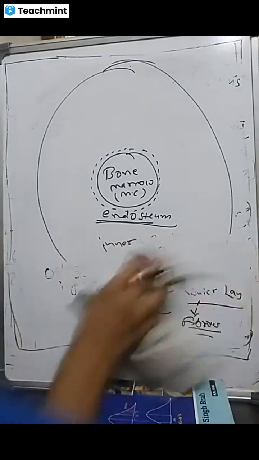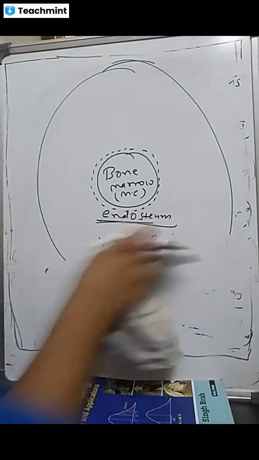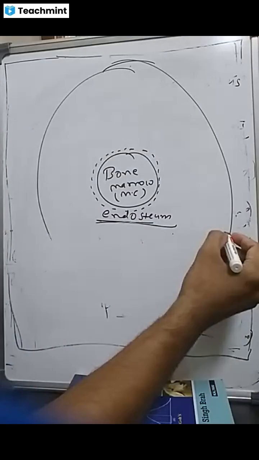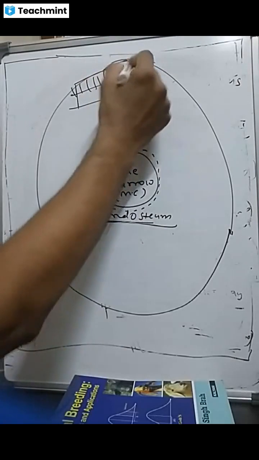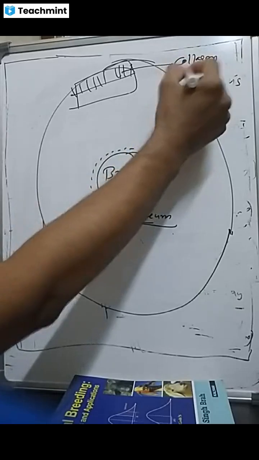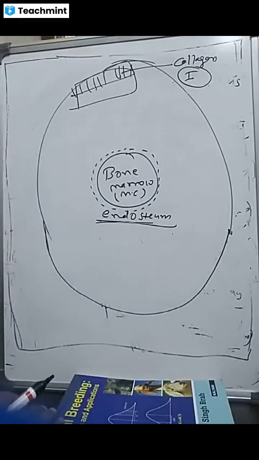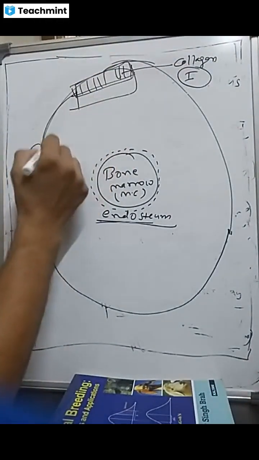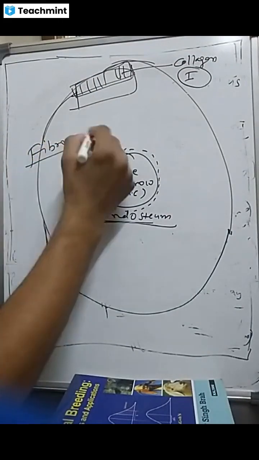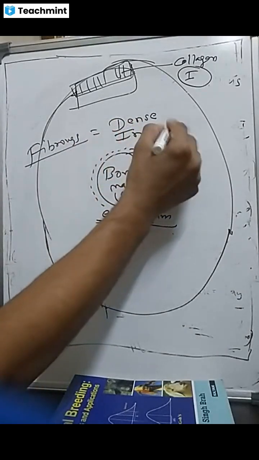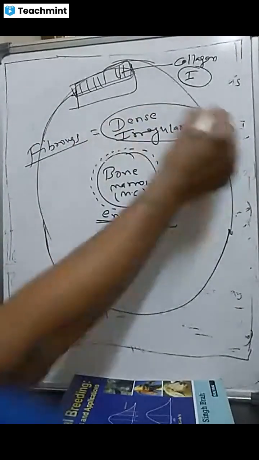So why study these layers of the periosteum? This is the fibrous layer. Fibrous means having type 1 collagen. They have asked that this fibrous layer is dense irregular connective tissue. This was an MCQ in the ICAR exam.